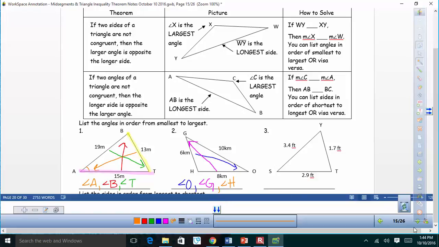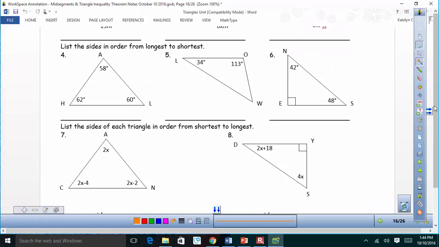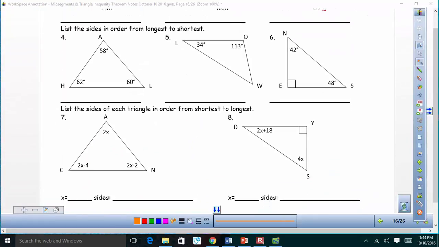Okay, so the next part is kind of doing it backwards. So now we're going to look at the angles and compare them to the sides. So number 4, which angle is my smallest? Angle A. So what side is it across from?